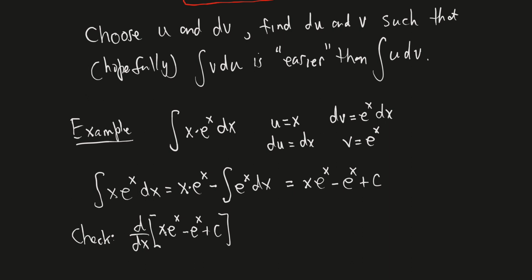So using the product rule, I'll have 1 times e to the x plus the first times the derivative of the second, so x times e to the x, then minus the derivative of e to the x, which is another e to the x, and then the derivative of the constant is 0. And look right here, this e to the x cancels out with this e to the x, and I am left with x e to the x, which is what I want.